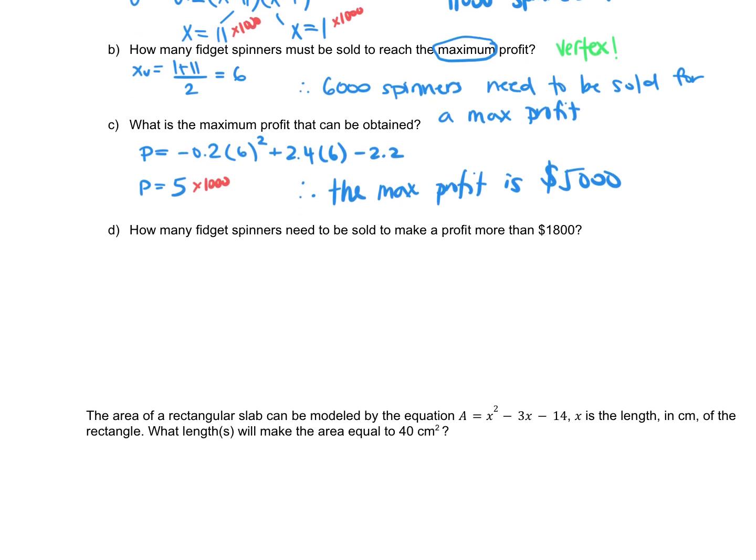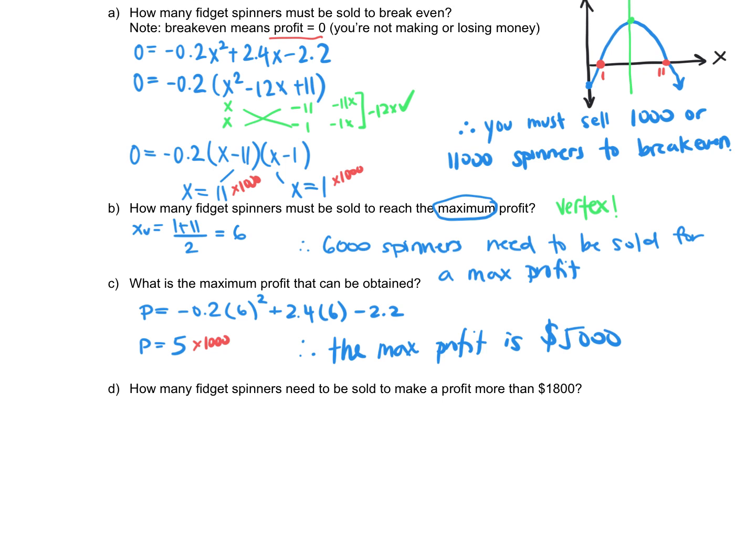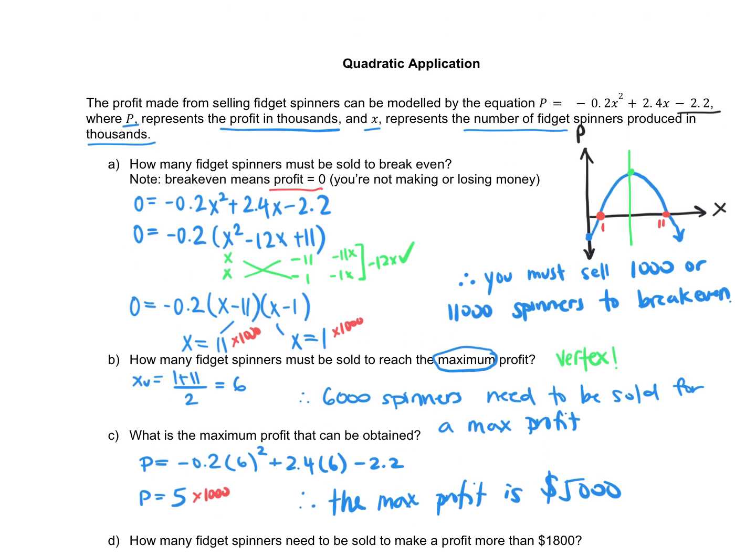All right, let's see what else. How many fidget spinners need to be sold to make a profit more than 1,800? Okay, I'm going to go back to my sketch here. I would like to label my vertex first. So 6,000 spinners and 5,000 for the max. Now we're asked about this 1,800. So that's under 5,000, so we're asked somewhere here. We're trying to find these points, and anything in between will be more than 1,800.